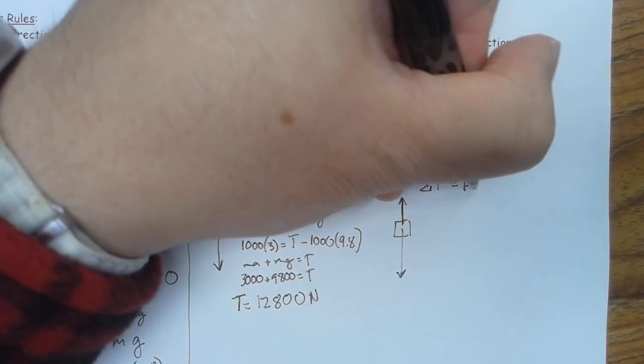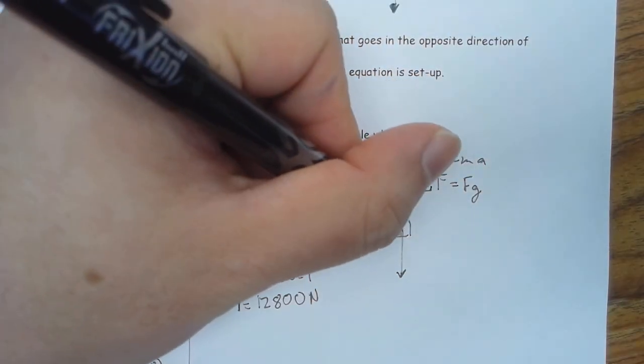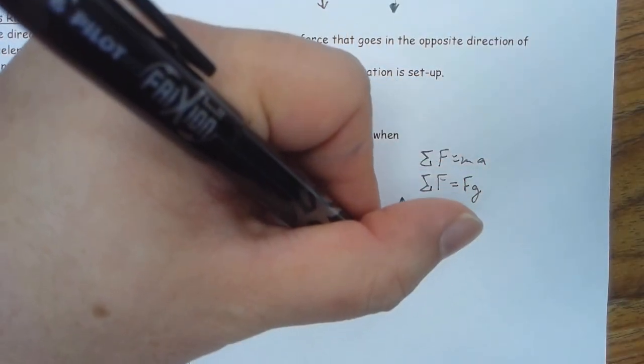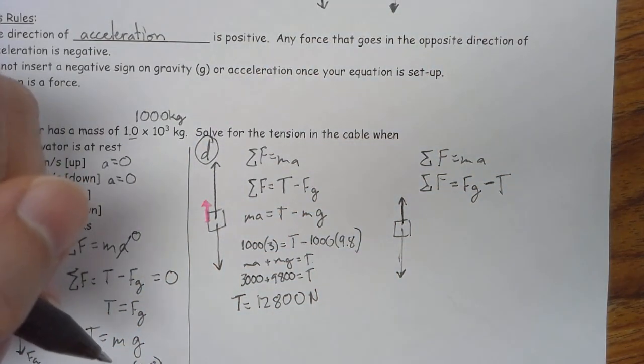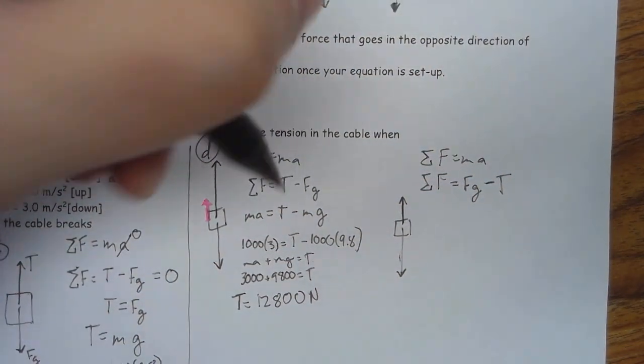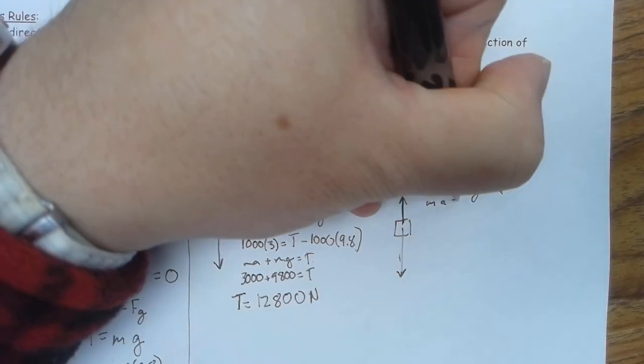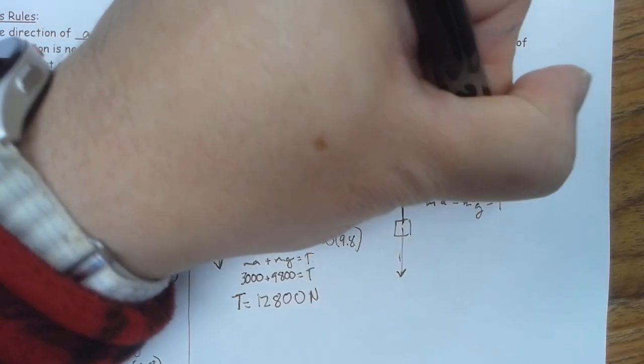So instead, this is going to be force of gravity. Why? Because it's generally moving down, so gravity is positive. And I'm going to subtract off tension from that. And we have ma equals mg minus T.